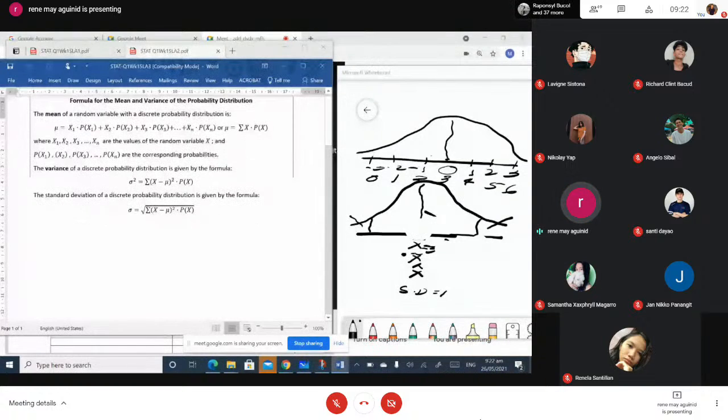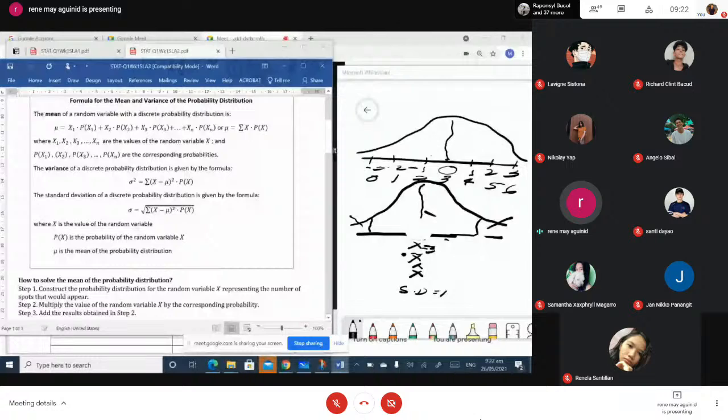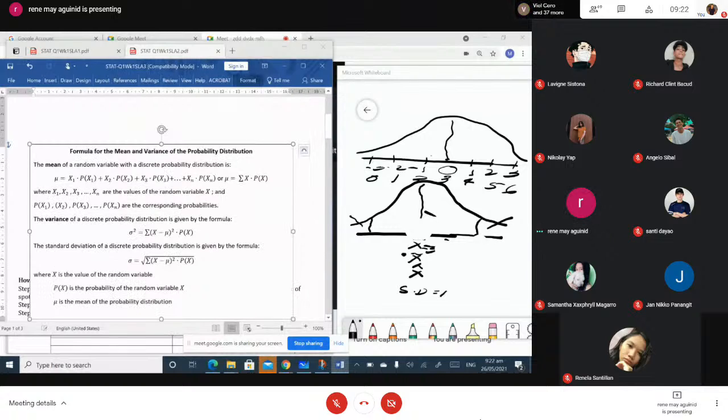Okay, here is the computation of the variance. Of course, the mean is mu. What is mu? M-Y-U, mu, the mean of the population.